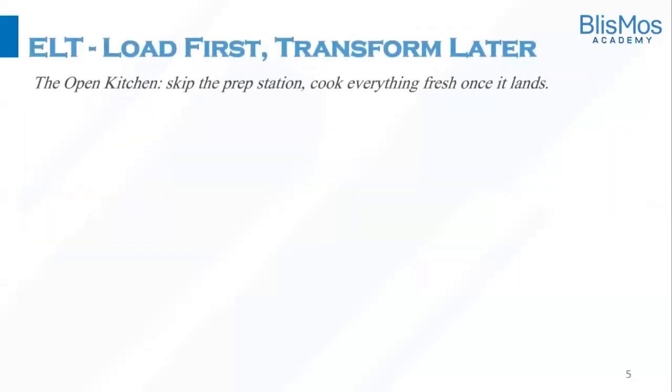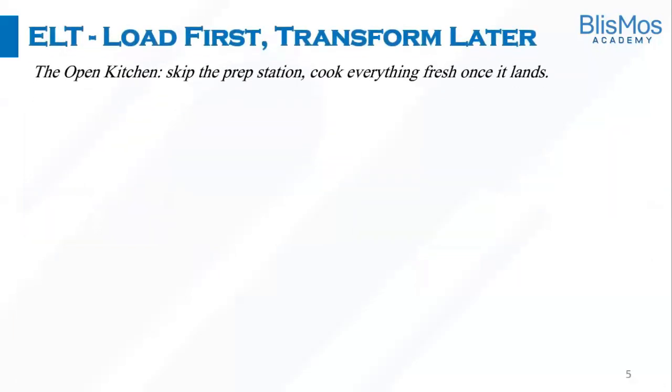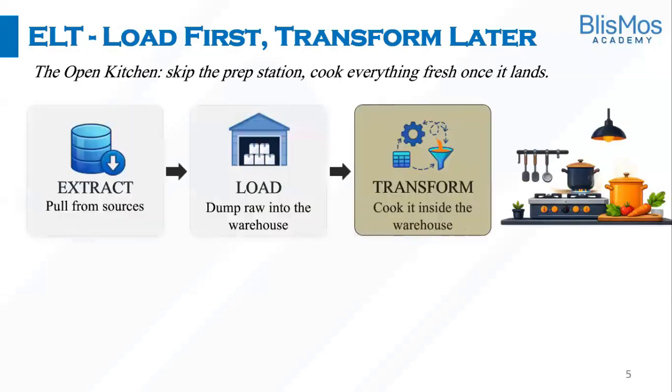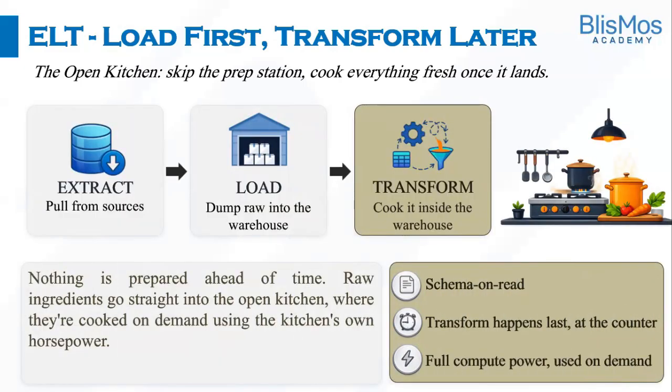Now, coming to ELT, where load happens first and then transformation takes place. Here it's an open kitchen concept where you skip the prep station and cook everything fresh on demand. Nothing is prepared ahead of time.